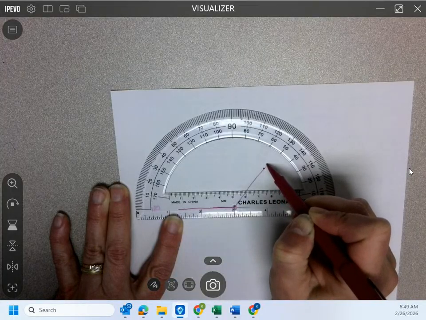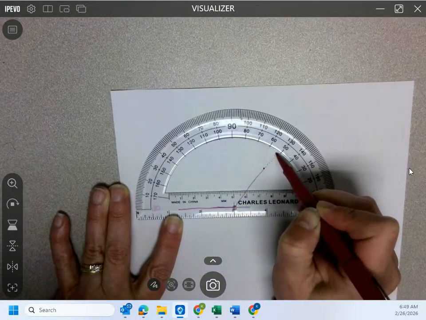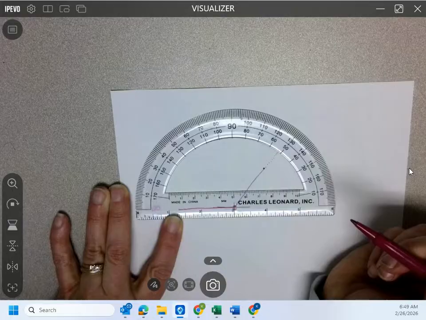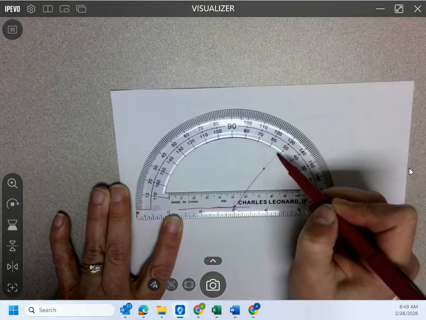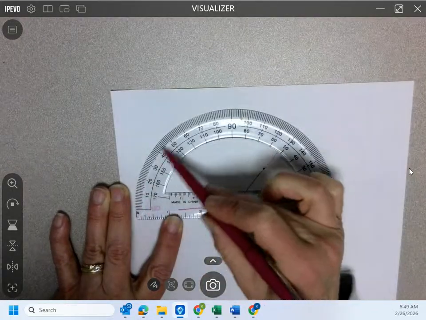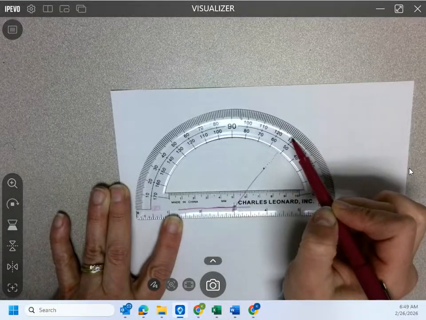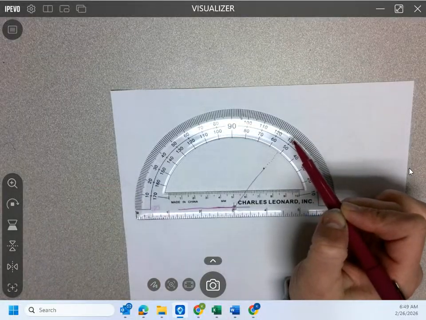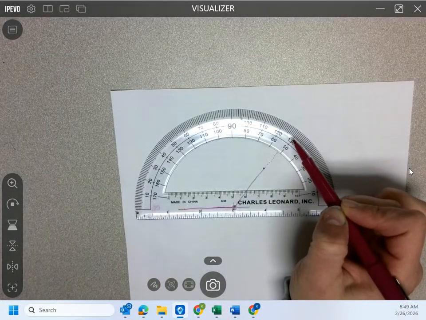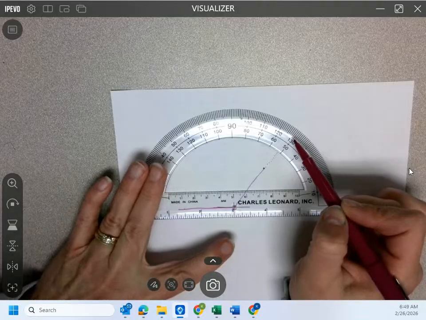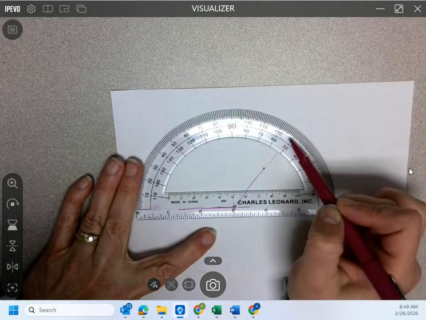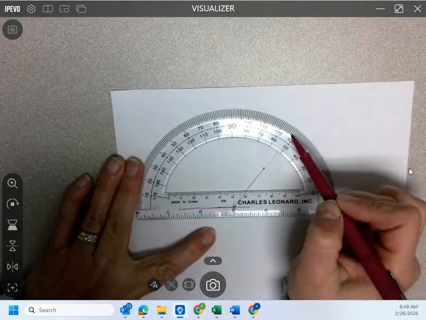I can do this by extending that line. And I can say, okay, I'm on the outside numbers going higher. And it looks like it might be 128.